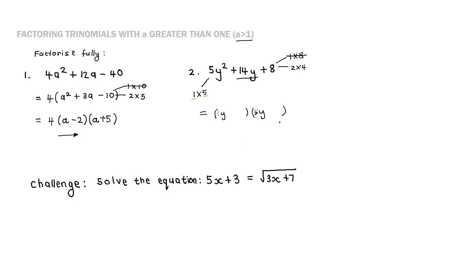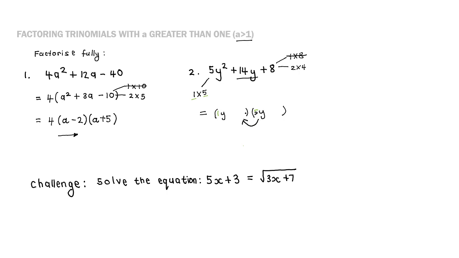Okay. So which means that inside of this bracket we have to have 5y times 2. So we're sort of working backwards now, right?